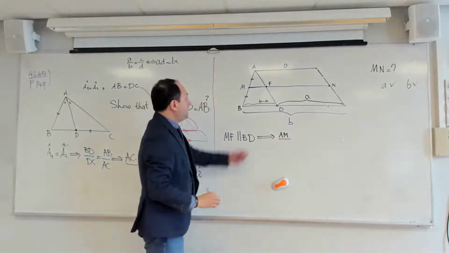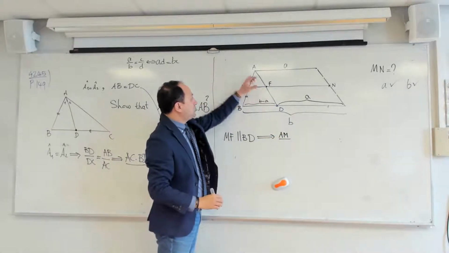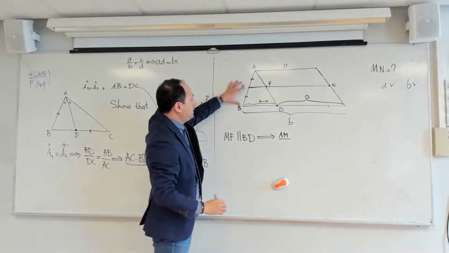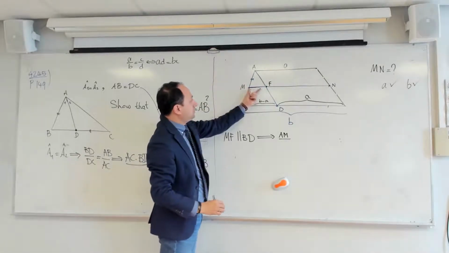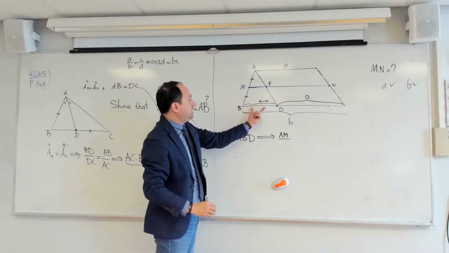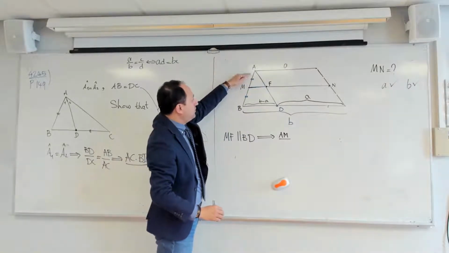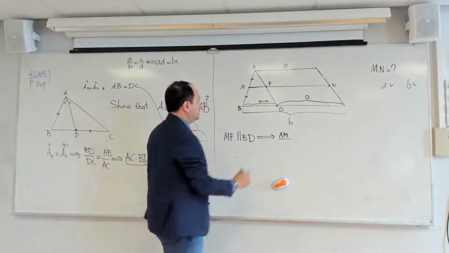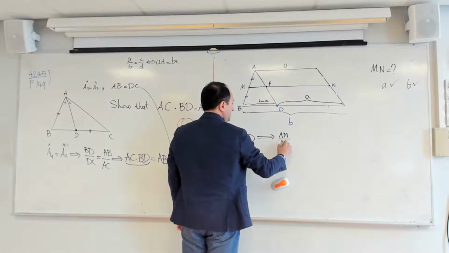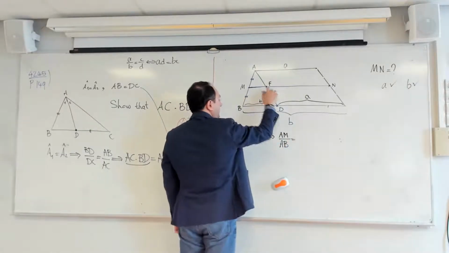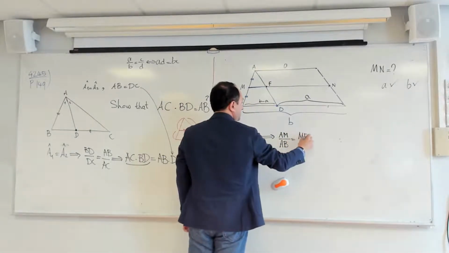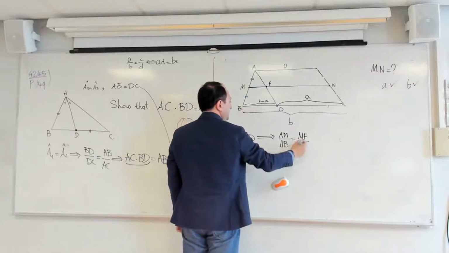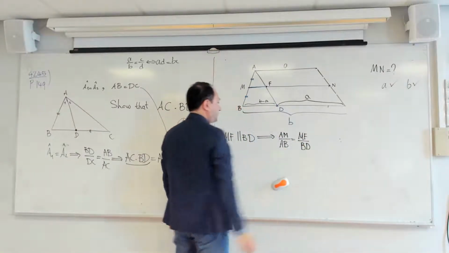Because I want to make this involved, I shouldn't write AM over MB. Because in that case, I am not allowed to write MF over BD. So I write AM over the whole expression is equal to MF over BD.